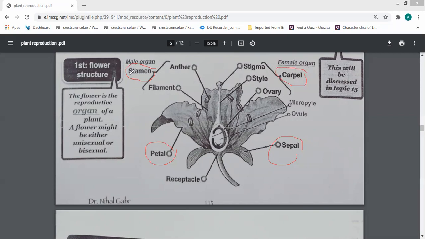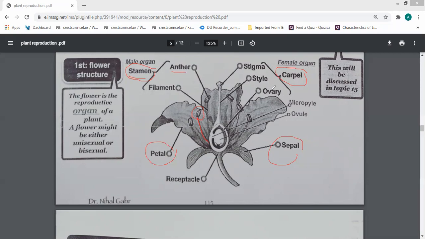The structure of the stamen: this one is called the filament, and the swollen part is called the anther. And this anther produces the pollen grains.